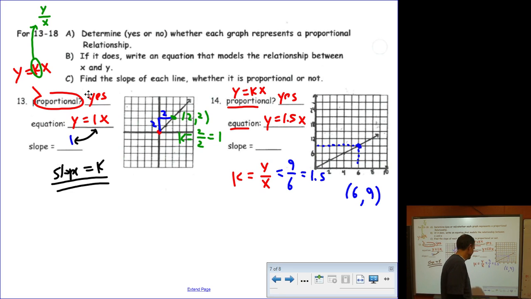Now I can calculate the slope, and the slope is going to be the rise over the run. Well, the rise is 9, and the run is 6, so the slope is 9 over 6, or reduced, that's 3 over 2. Again, notice how the k value and the slope are equal to each other.